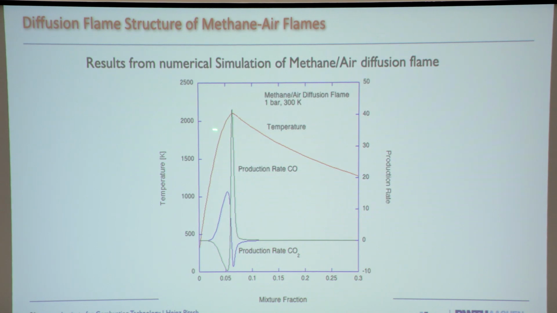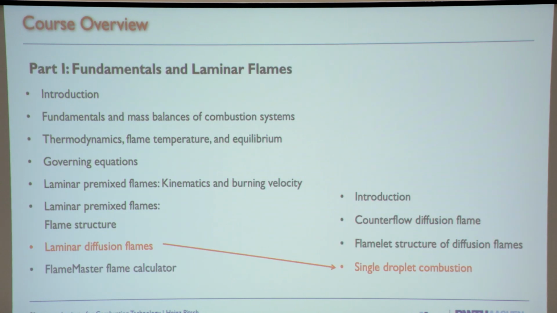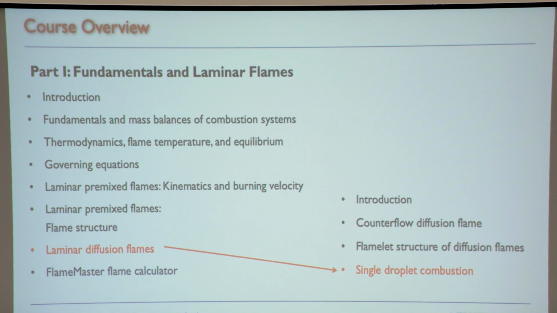This is why you see this slight curvature here in the temperature profile. And so that's kind of like the oxidation layer in the premixed flame. I think that all describes the same thing. Okay? So that's what we learned from the asymptotic studies.